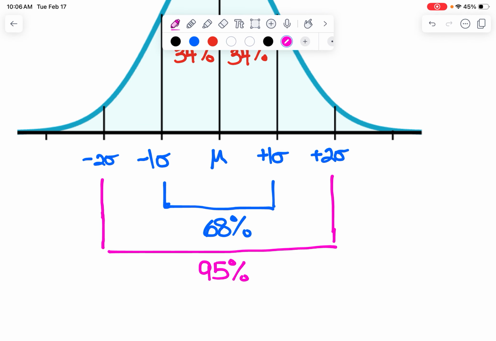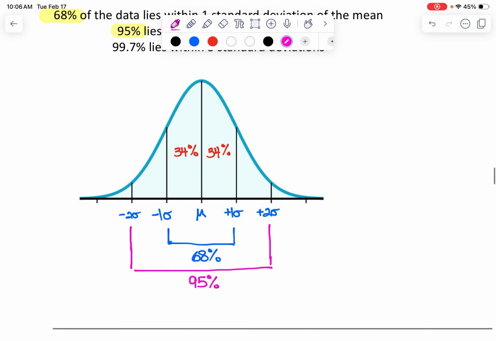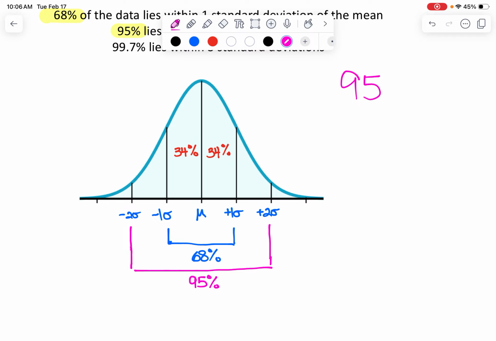Okay, well, what does that mean? If we have 68% within 1 standard deviation, and 95% in 2 standard deviations, then 95 minus 68 is 27. So we have an additional 27% when we get to 2 standard deviations.